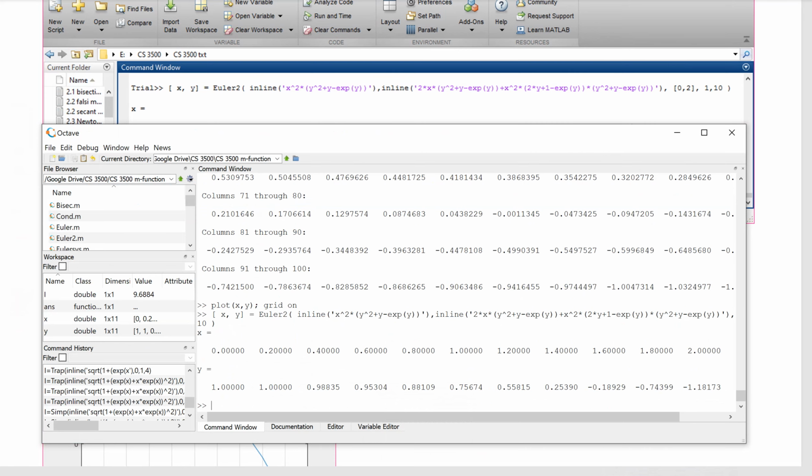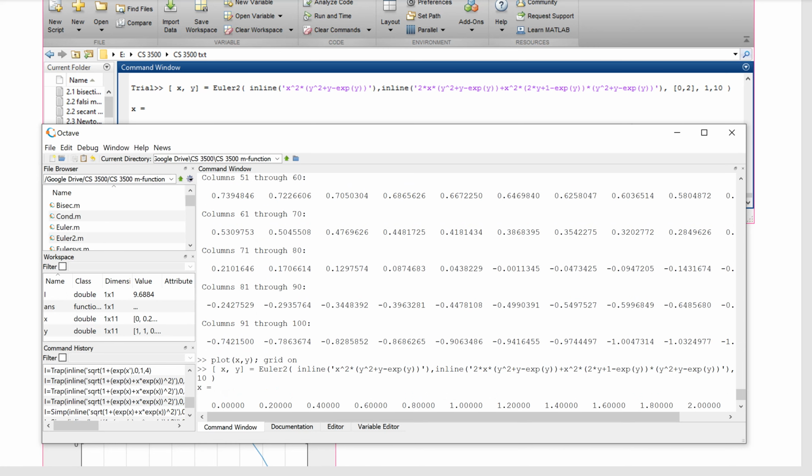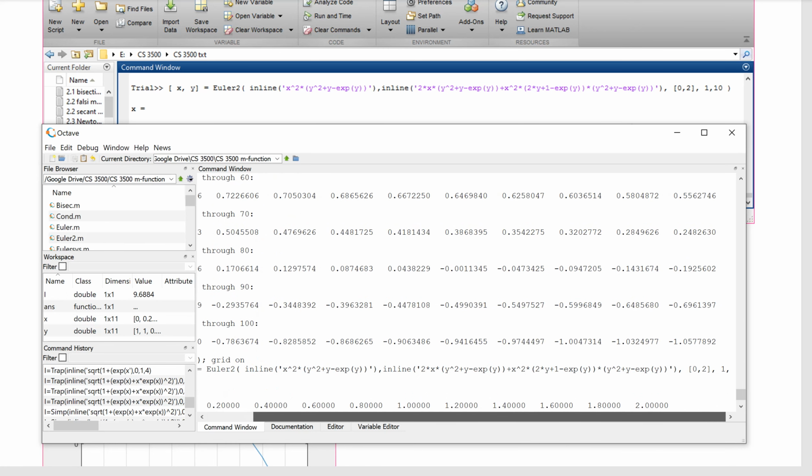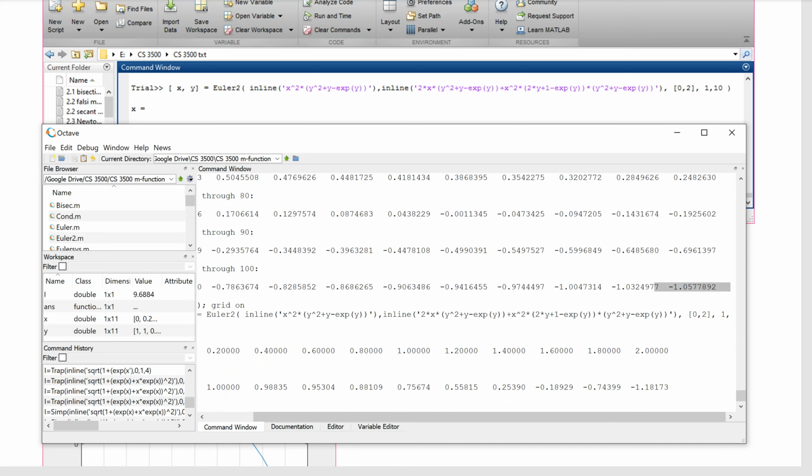Let's look at the last number. Okay, so the last point, the y value is minus 1.181. If we do the Euler's method with 100 steps, we get minus 1.577.